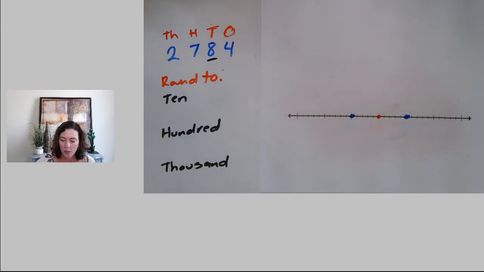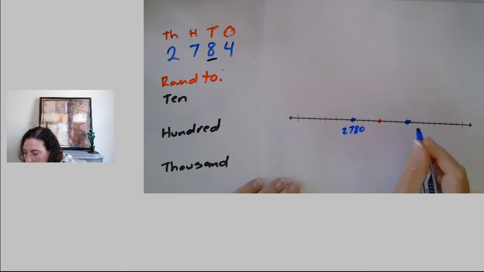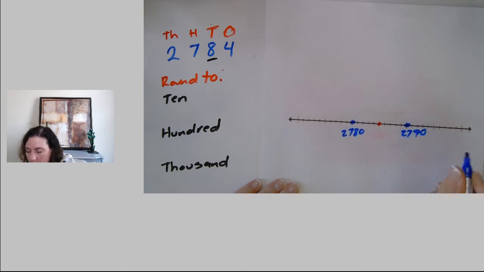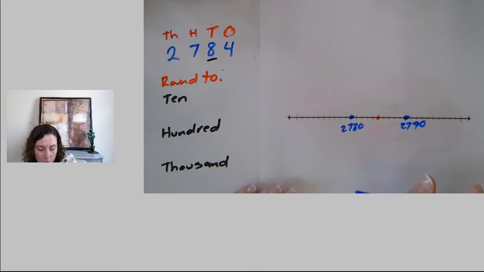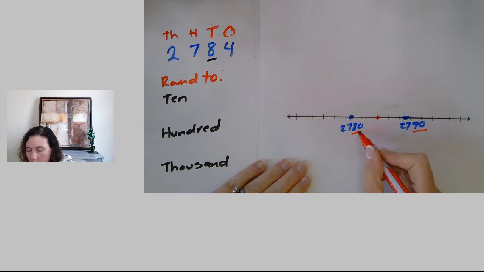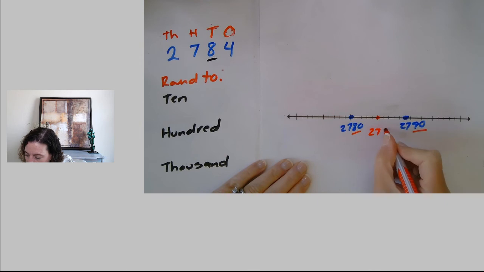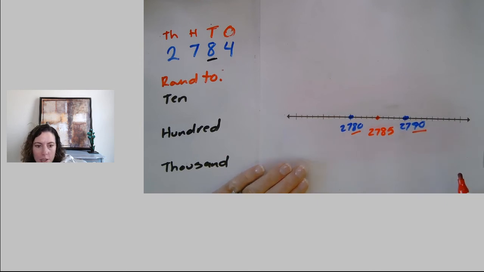Okay, so we know that this is going to be 2,780, and the next 10 is 2,790. Good. Our midpoint or center point is 2,785 because we're skipping 10. So between 80 and 90 is 85. So 2,785. Very good.